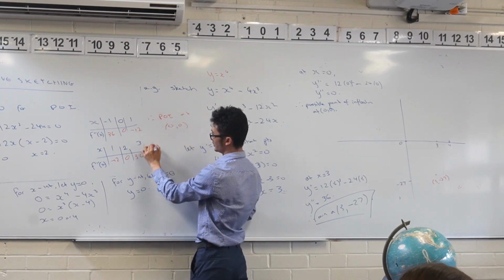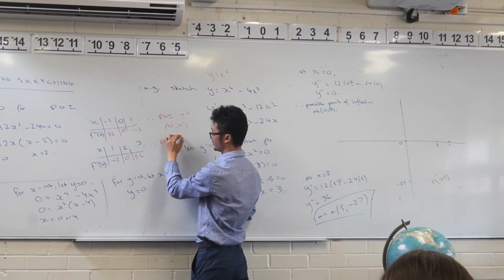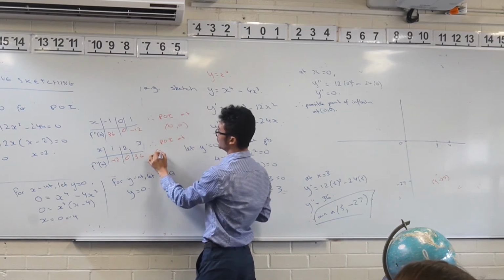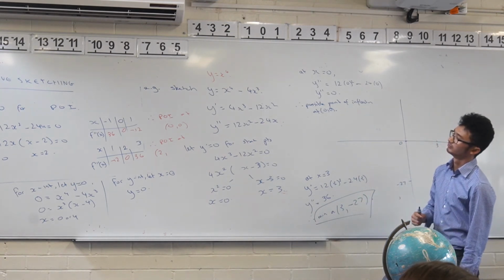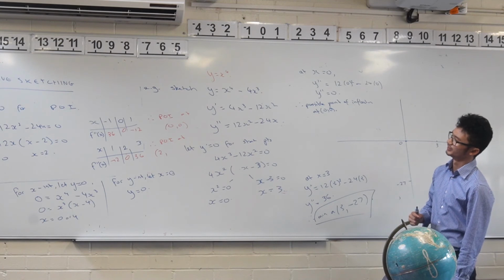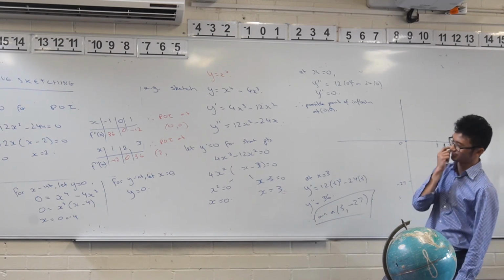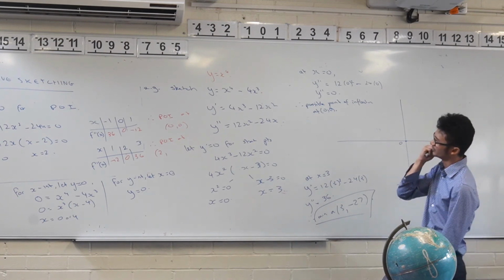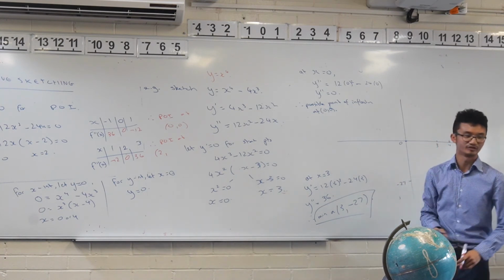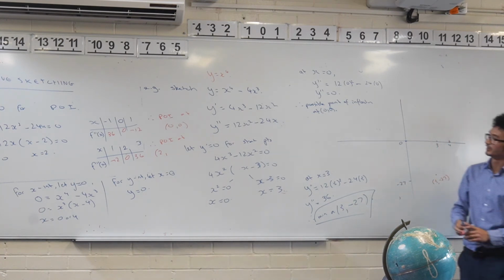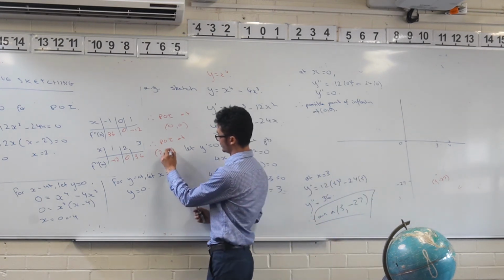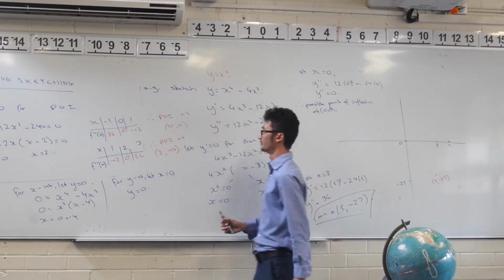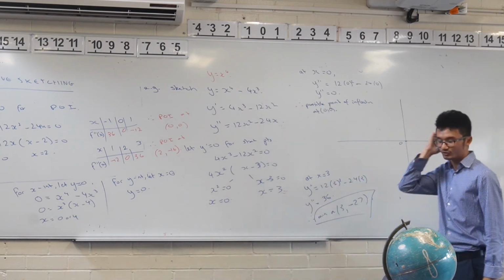And there's a POI at 2, 0? Is that right? No, that's not right. What's the y value at the point of inflection? Negative 16? Yeah, that's right.